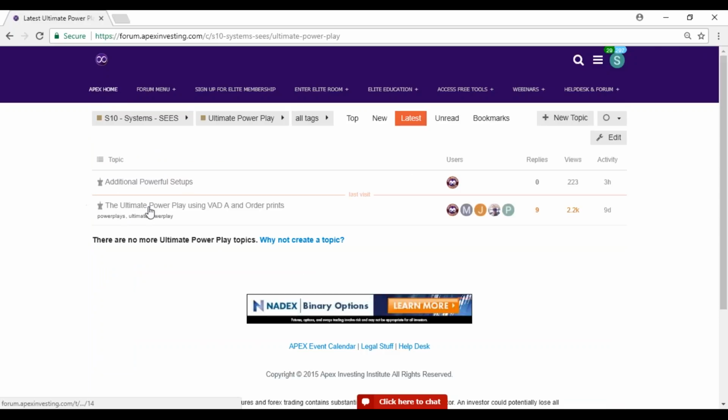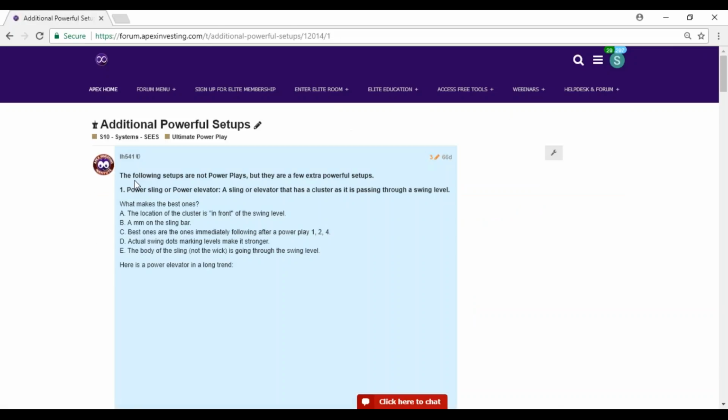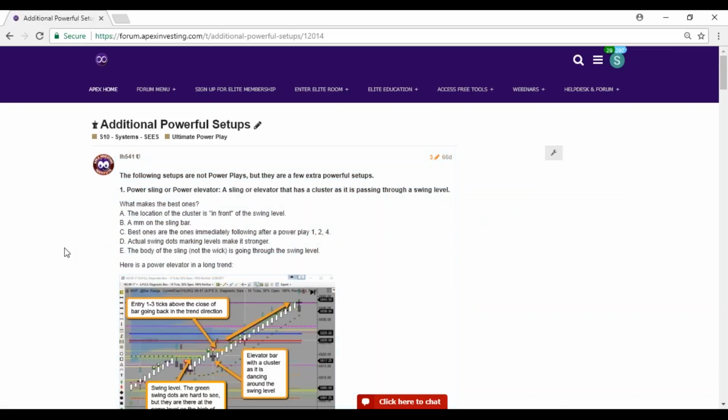You'll notice, if you remember from the training course, the Ultimate Power Play, that's all your Ultimate Power Play setups. That's the forum post we walked through in the course. You now see a new one, okay? It's called Additional Powerful Setups. And these are the ones that we're going to cover today, okay? And we're just going to jump right in.